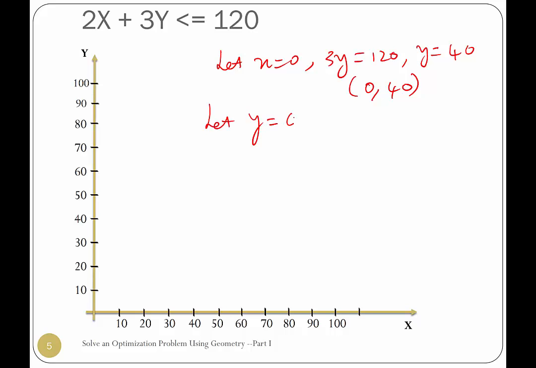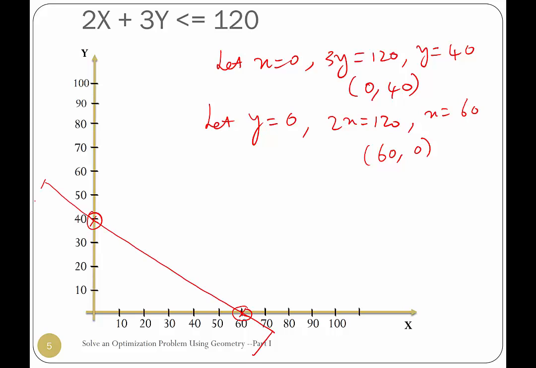Repeat for y: in this case (60, 0). (0, 40) is here, (60, 0) is right here. Then draw the line. Again, any point on the line and also under the line is going to be feasible for this constraint because the constraint has a less than or equal to sign.